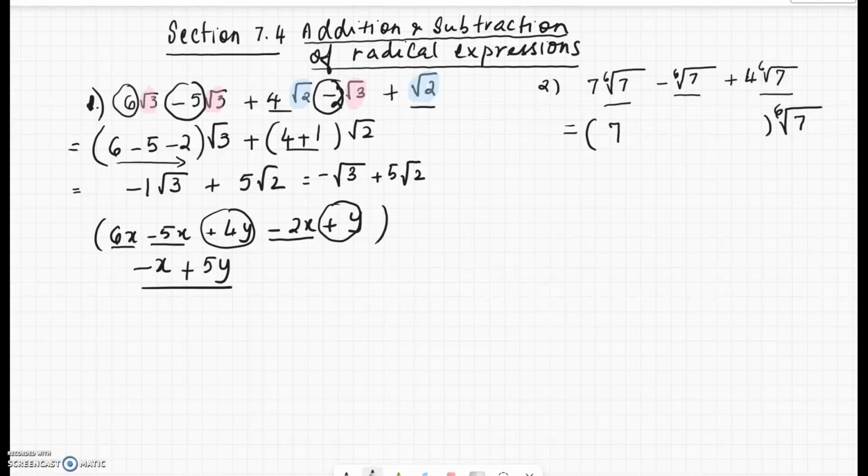We have 7 minus 1 plus 4. Go from left to right. 7 minus 1 is 6. 6 plus 4 is 10. Go from left to right, add or subtract, whatever comes first, do that first, and then we have 10 times the sixth root of 7.